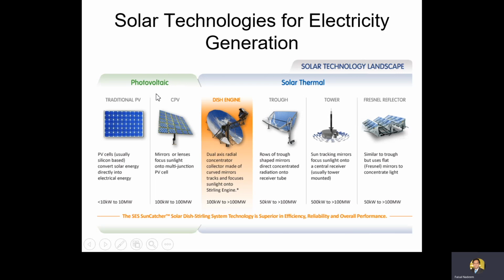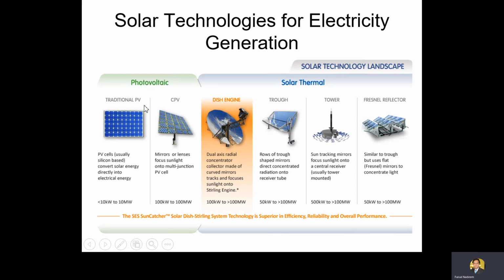So there are those solar technologies which use electrons to produce power or energy. Those are known as photovoltaic. It means photo stands for light and voltaic means volts. And those which do not use electrons or volts for production of energy are known as solar thermal technology. Solar photovoltaic technologies can be divided again into two parts.